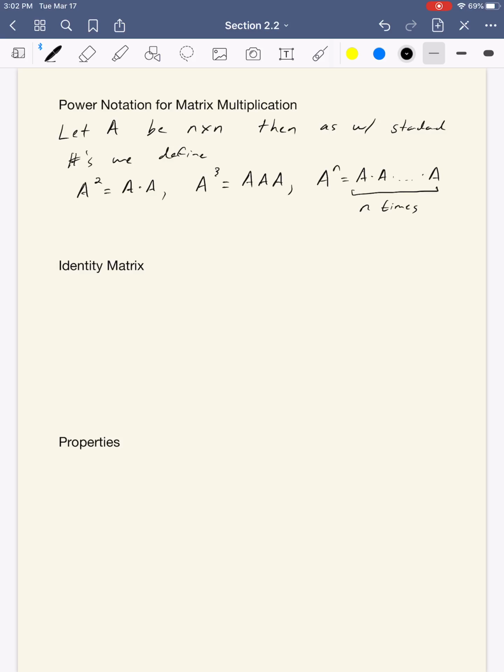All right. A very important matrix that we're going to introduce is what's called the identity matrix.